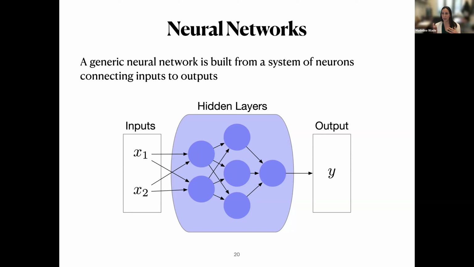Any layer after that takes the outputs of the layer before, and each of these neurons is doing that set of mathematical operations. If you have something that's making one prediction as an output, you would have one output neuron that maps all of the stuff happening in the middle to one number coming out. If you have multiple outputs, multiple things being predicted, you just have multiple neurons coming out of this picture.